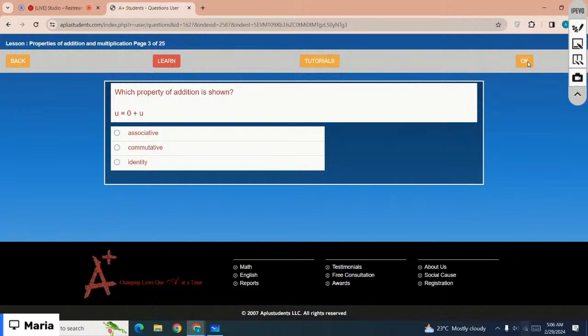So that is the identity property, right? The correct option is identity.